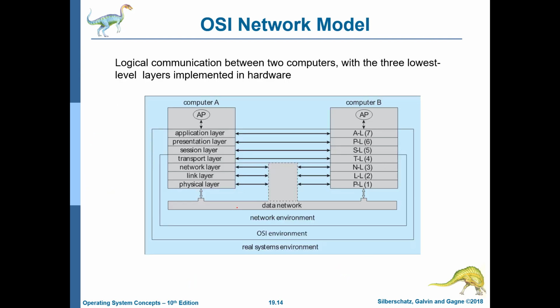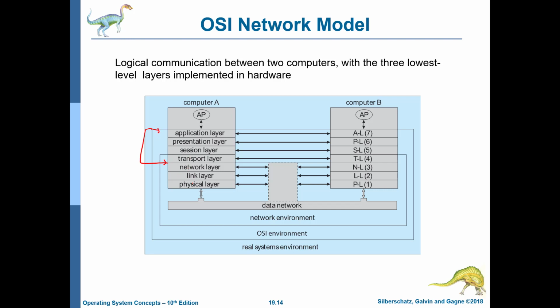So the OSI network model that I showed is basically a logical connection between two computers. The 3 lowest layers are typically implemented in hardware, but it could be the 4 lowest layers also. It depends on the network card. As of today, TCP is still a software artifact to a large extent, even though not all the time.